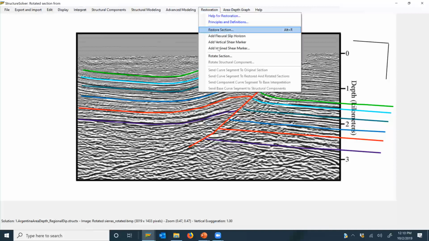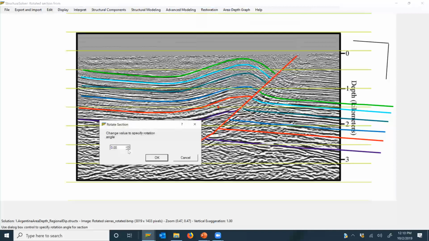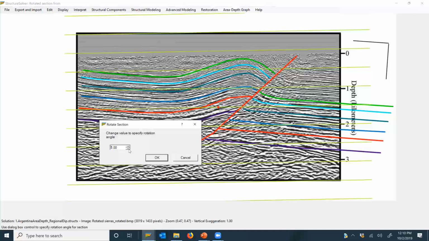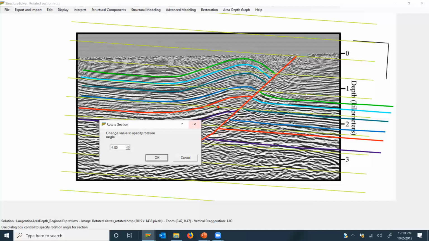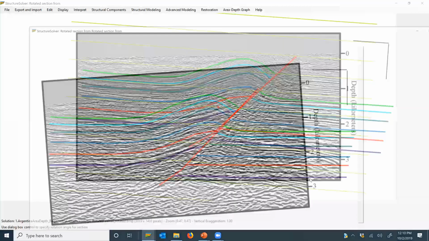We can handle that by rotating the section to back out the amount of dip in the footwall. You can see here that I've got about 4 degrees of rotation, and these rotation template lines are about parallel to the footwall. So we'll rotate the section.